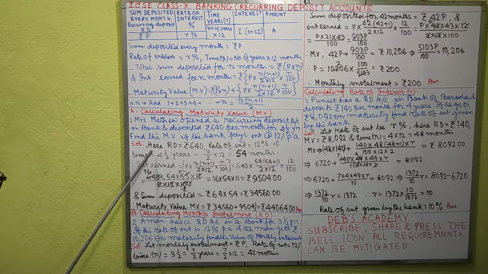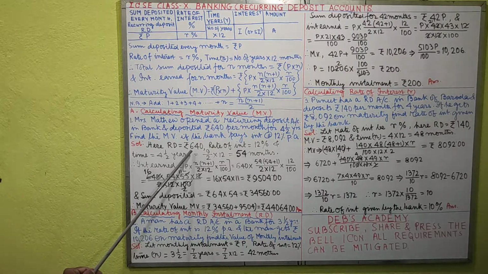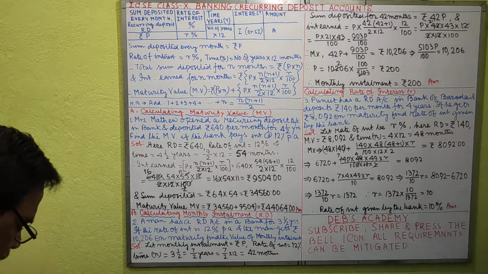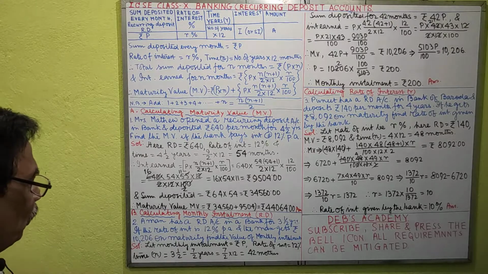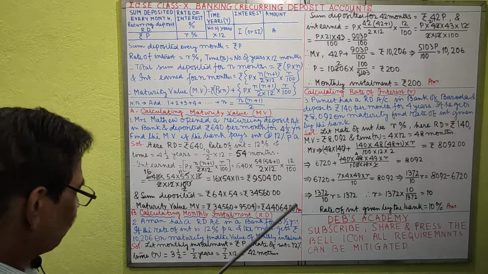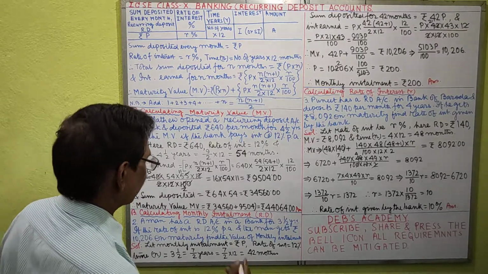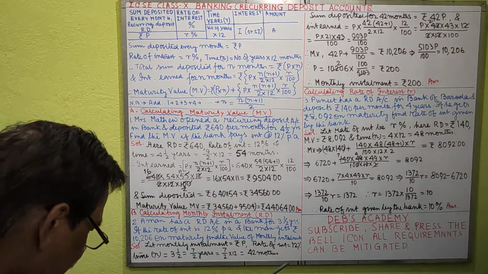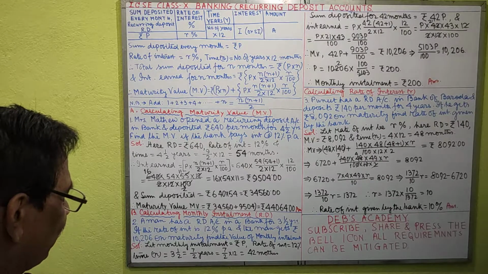The recurring deposit is 640, rate of interest is 12, and time equal to 4.5 years, that is 54 months. Therefore it will earn an interest of rupees 9,504 only, and sum deposited equal to rupees 640 into 54 months, which is rupees 34,560.